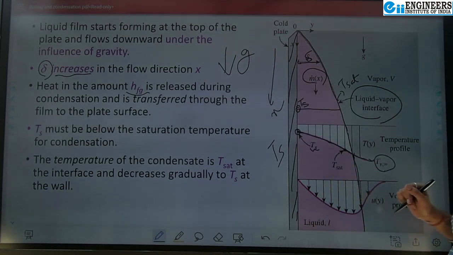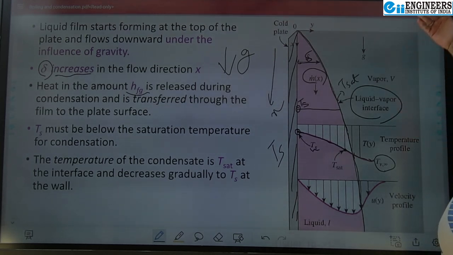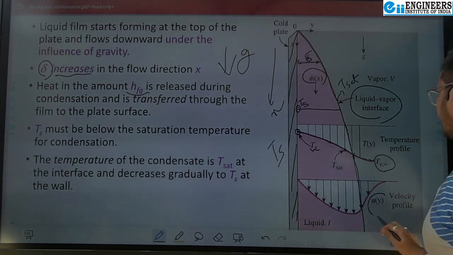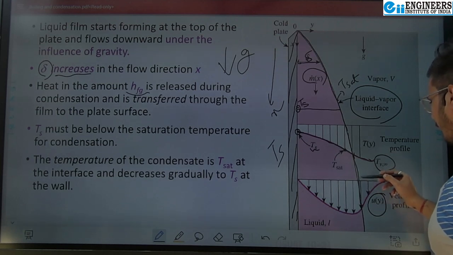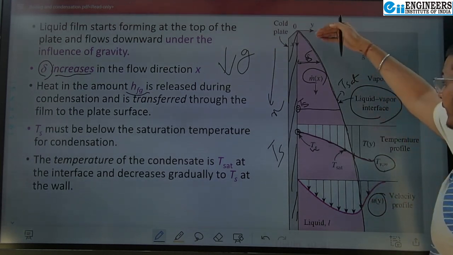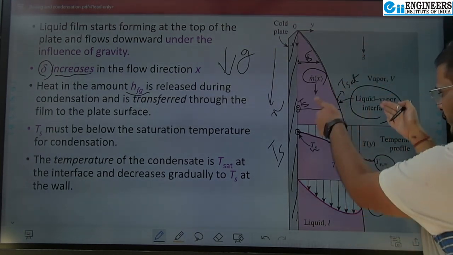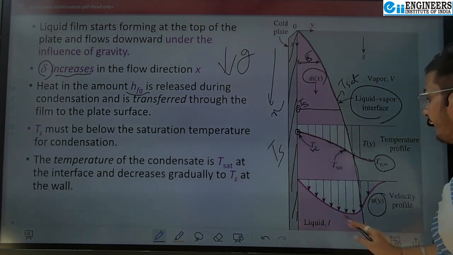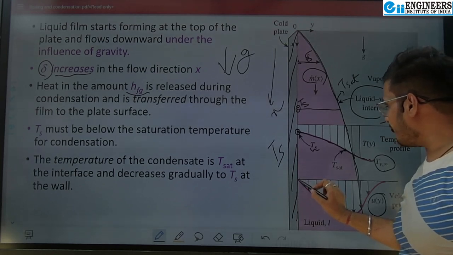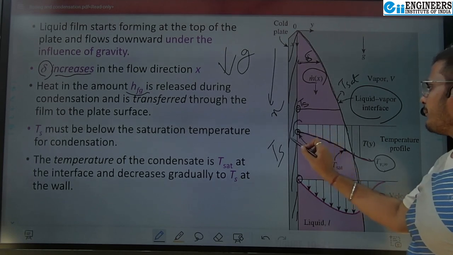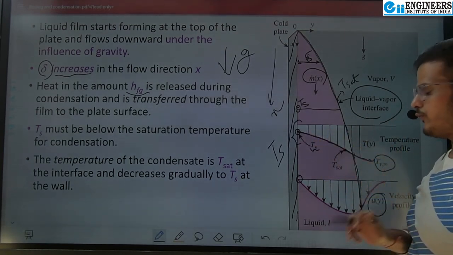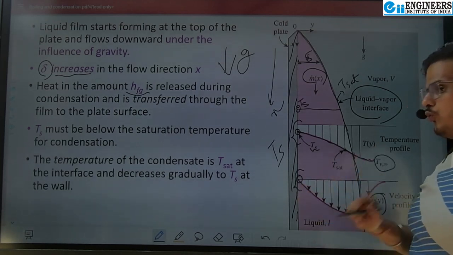Now if we move on to the velocity distribution, what we are going to see is the velocity with which the vapor is flowing. Somewhat below the interface, where the gravity effect is more, the liquid film flows at a very high velocity, then at the plate the velocity will be 0 because of the no slip boundary condition. Here no temperature jump is applied for temperature, and no slip for velocity.